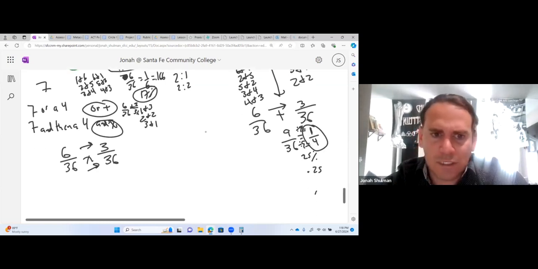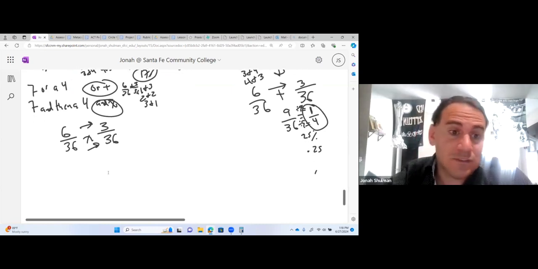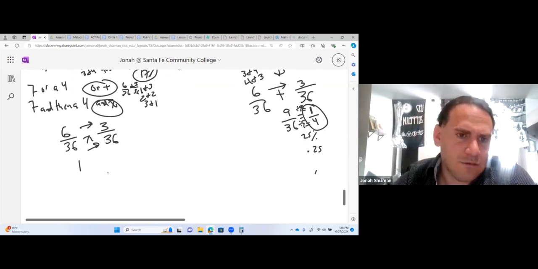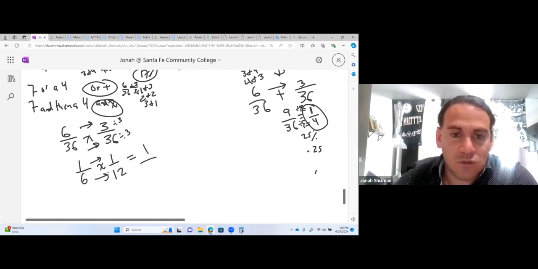However, since the numbers are going to get really big, we should simplify first. 6 out of 36 is really 1 out of 6. 3 out of 36 is really 1 out of 12. 1 times 1 is 1. 6 times 12 is, well, 6 times 2 is 12, carry the 1, 6 times 1 is 6, plus 1 is 7. It's 1 out of 72.